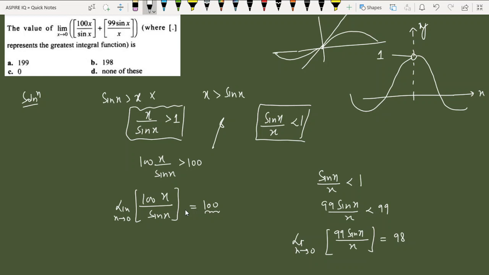So the greatest integer part is 100, so the answer is 100 plus 98 is equal to 198. So the answer is 198.